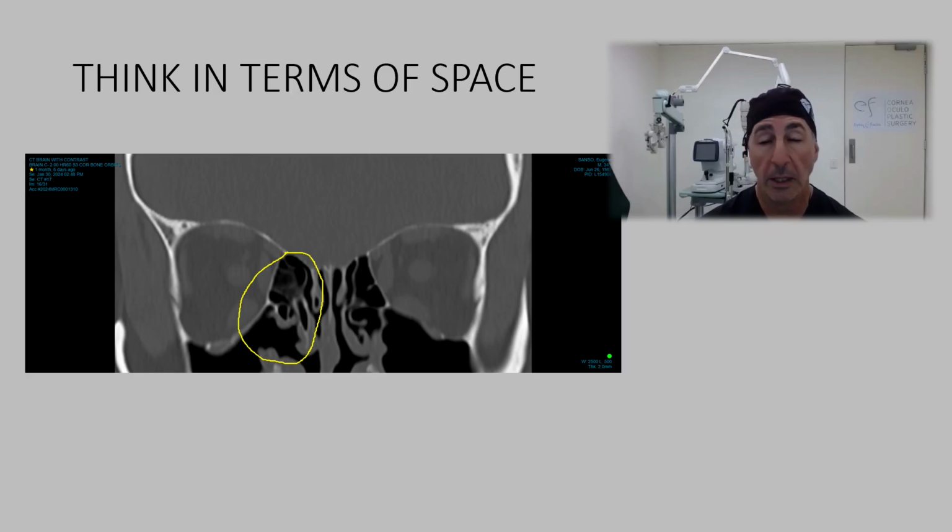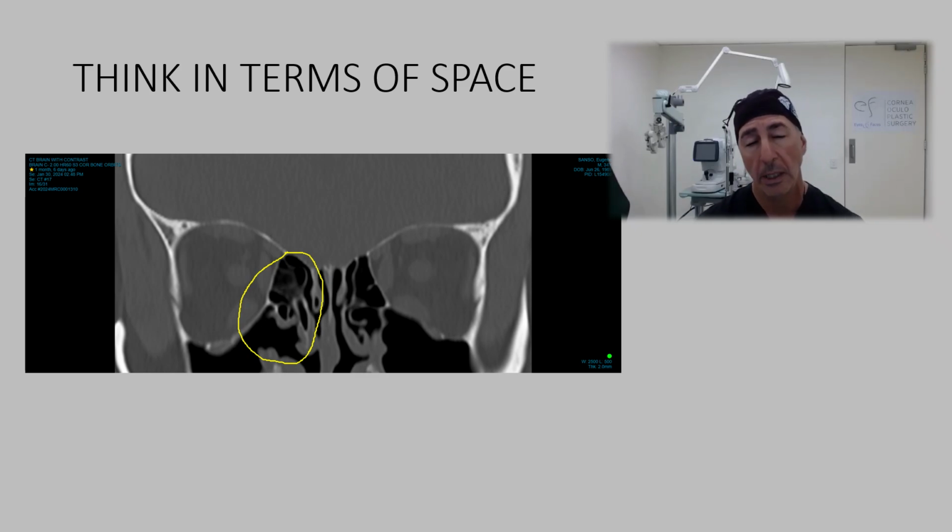All this space. We know them as sinuses. The yellow ring there outlines the ethmoid sinus and the maxillary sinus. And we literally push the whole eye socket back into that space. We enlarge it by that amount of space. We've got heaps of space in there. So you can end up pushing an eye back 8 millimeters just going through the medial wall. That is a medial wall decompression.